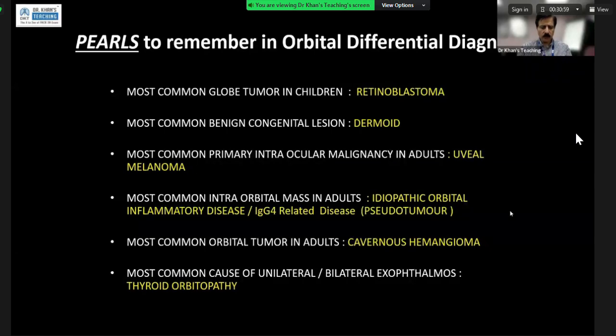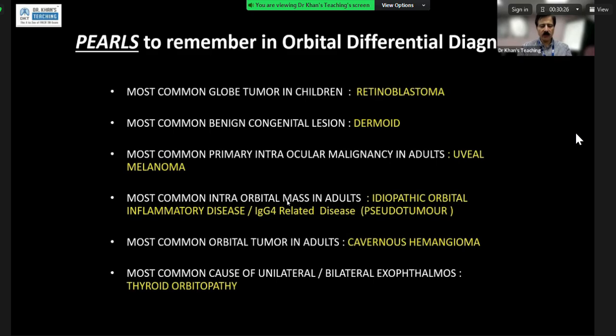show you a few cases, viva cases from the orbit. Whatever is written on this slide is absolutely pearls to remember. And everything is important for you to remember. Most common globe tumor in children, retinoblastoma. Most common benign congenital lesion, dermoid. Most common primary intraocular malignancy, look at the word malignancy, in adults, is uveal melanoma.